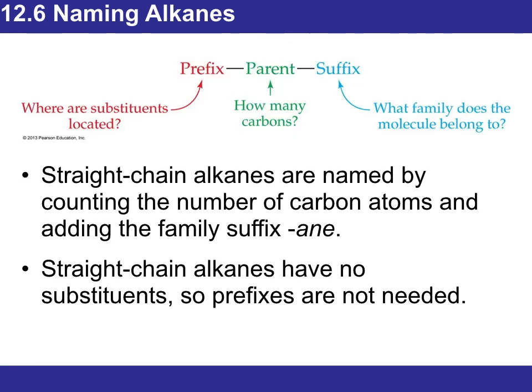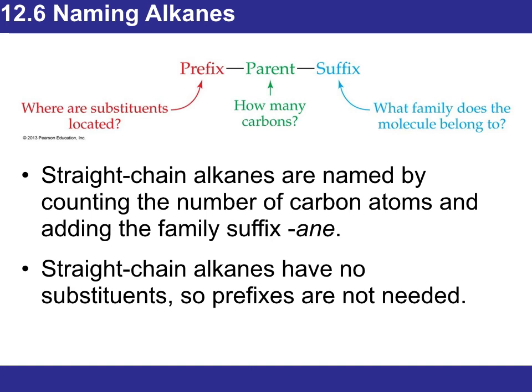Now how does it work? The prefix tells you where the substituents are located. The parent is going to tell you how many carbon atoms are on the longest chain, and the suffix is the family that that molecule belongs to.